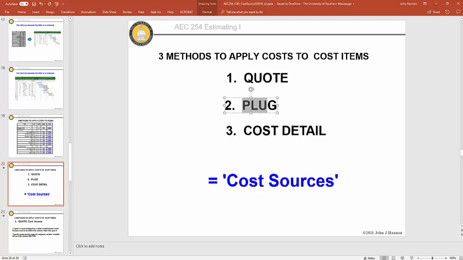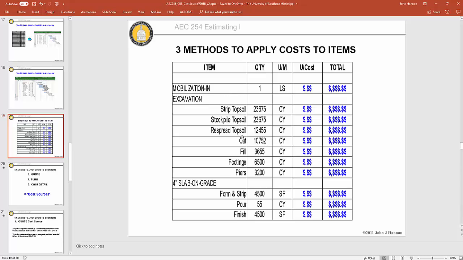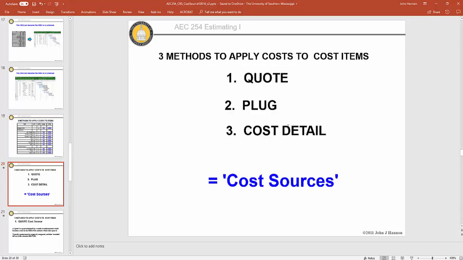And then there's also a way you can just plug a cost. There are databases of cost information that you can purchase, such as RS Means, and you can look up excavation items in these proprietary for-purchase cost books and apply an RS Means number in here. That's just a plug. I'm plugging it.